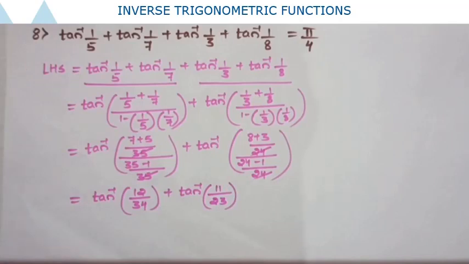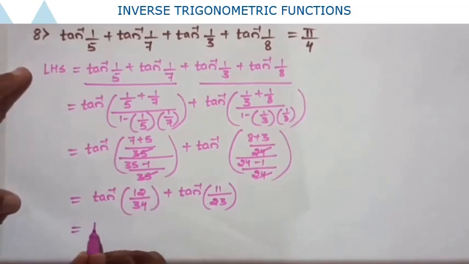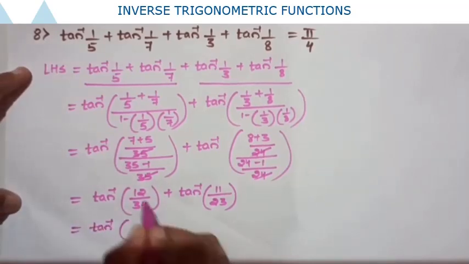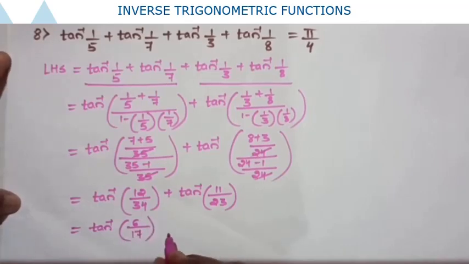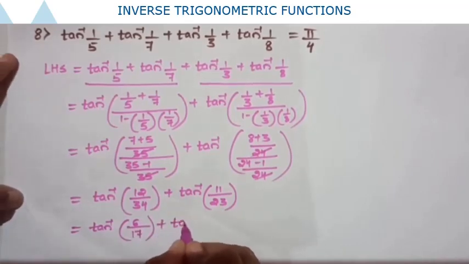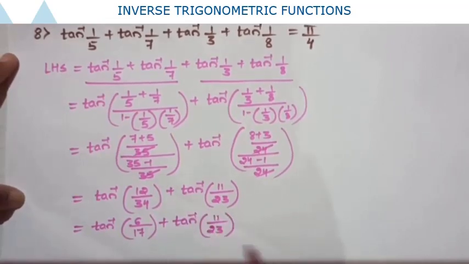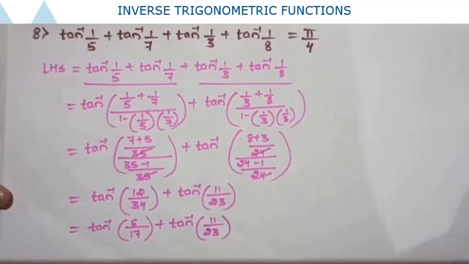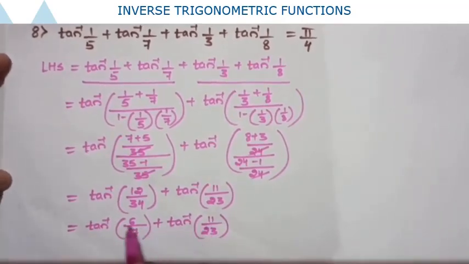Okay, so again we have the form tan inverse x plus tan inverse y. Now this 12 by 34 we can still simplify: 12 sixes are 6 and 12 seventeens are 17, so tan inverse 6 by 17 plus tan inverse of 11 by 23. Now think, is the product x into y less than 1? Obviously it is less than 1.